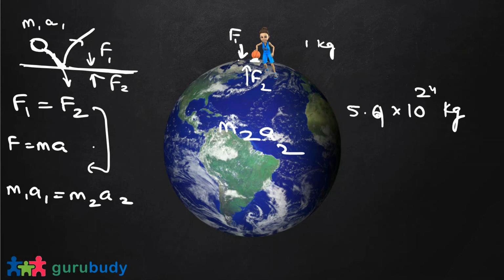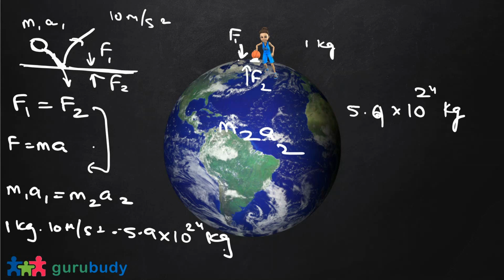It's huge, right? And let's say that as the ball bounces back, the acceleration is 10 meters per second squared. So if I put that in, 1 kg times 10 meters per second squared is equal to 5.9 times 10 to the power 24 kg times a2.